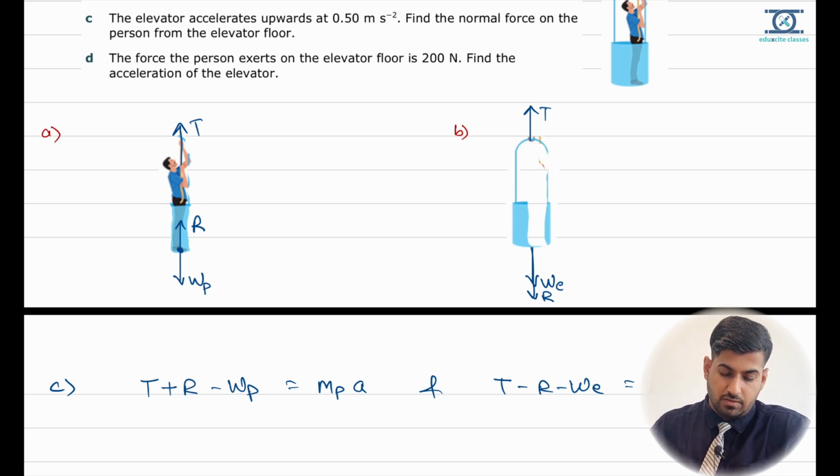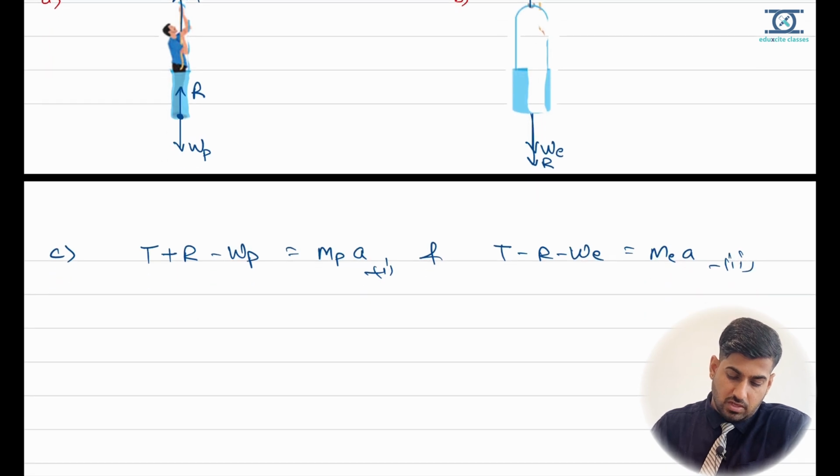Okay, so what we can do is add these two equations, equation 1 and equation 2. So you should know how to frame the equations. If you have not watched my previous video, in that also we have discussed this, so you can watch that as well. The link is given in the description.